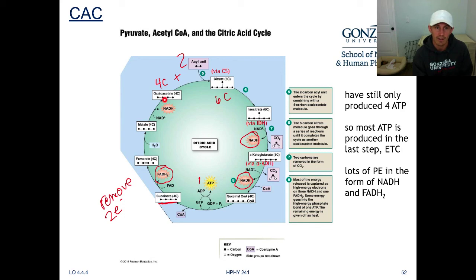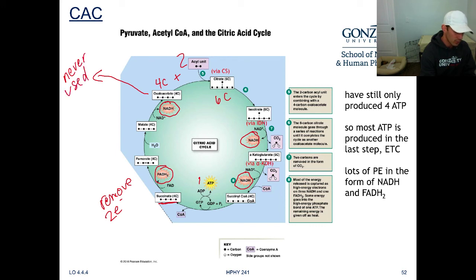In this last step, an electron is removed from malate, even though it's not shown here, and it's transferred to NAD to generate our last electron donor, NADH. So now we're left with this 4-carbon structure, oxaloacetate, at the end of the citric acid cycle. Another way to think about this is that oxaloacetate is never used up. It just gets recycled.